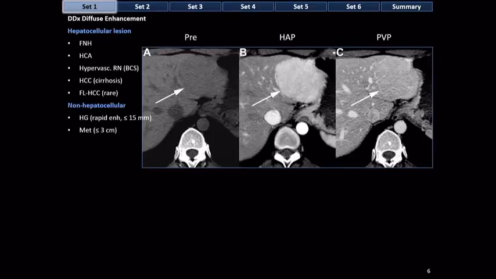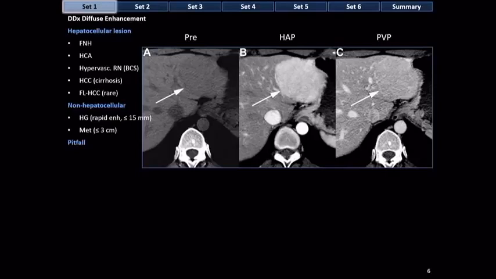Metastases up to 3 centimeters, if they're of hypervascular origin, can be homogeneous, but no self-respecting metastasis bigger than 3 centimeters will allow itself to be homogeneous, because it will start to develop internal ischemia or necrosis and will not appear homogeneous on imaging.